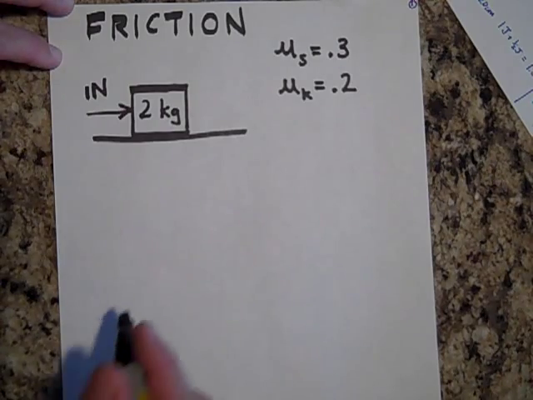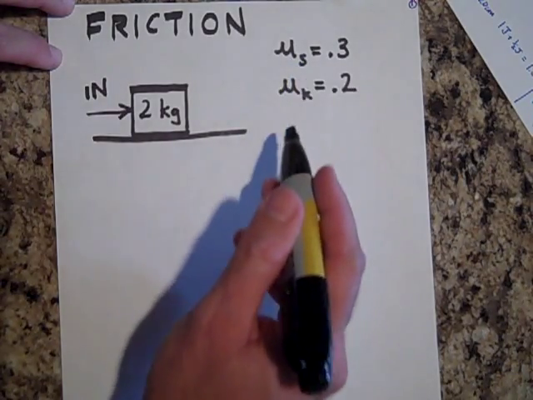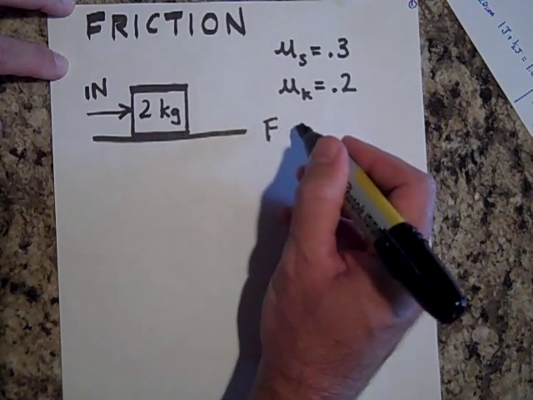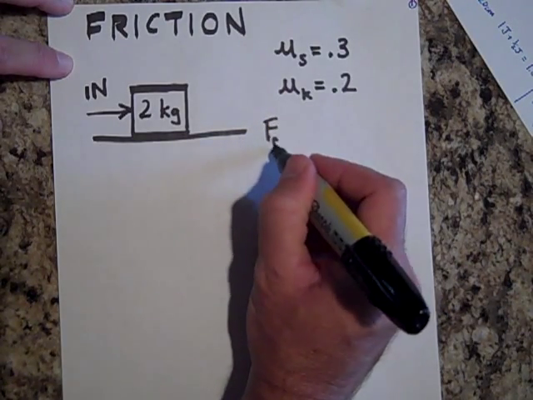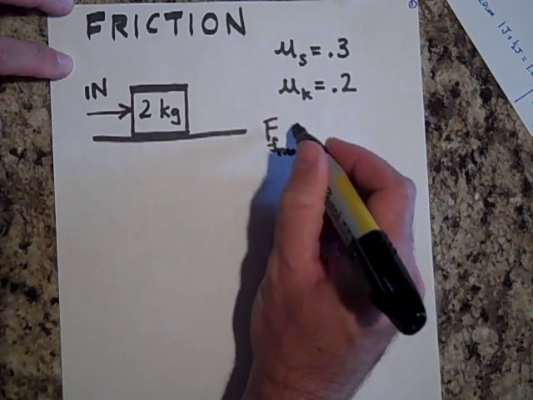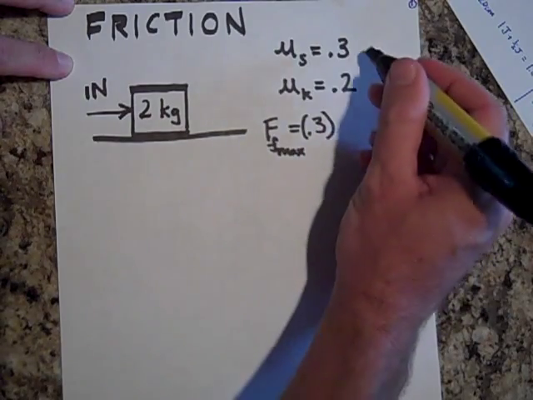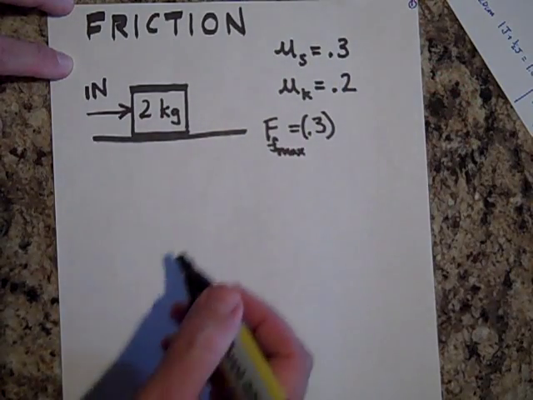Okay, so now we're back. And the way you figure this out is you first have to find the two forces of friction, static and kinetic. So to find the force of static friction, the max it's going to be is going to be 0.3 times the normal force.